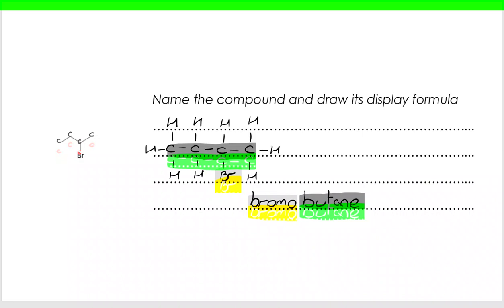We need to number its location because it could have been on the end, but it happens to be in the middle of a carbon chain. On this one, I'm going to number from right to left because that gives me the lowest possible number for the position of the bromo. If I'd numbered from this side, it would be 3-bromo. That would be incorrect. I've got 2-bromobutane.